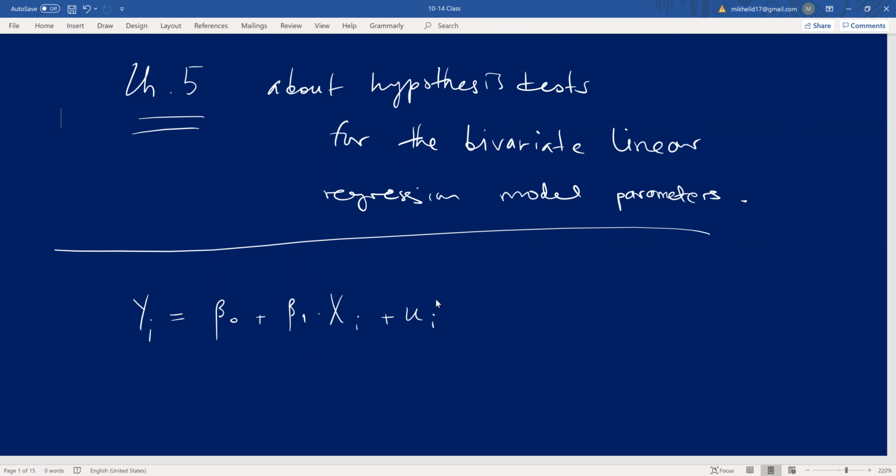Can you define what bivariate means? Bivariate means that it only includes two variables. The model includes two variables, x and y, and one is dependent on the other. Yes, because it includes two variables, one of them is independent, as you said, and the other is the dependent variable. That's why the model is bivariate.